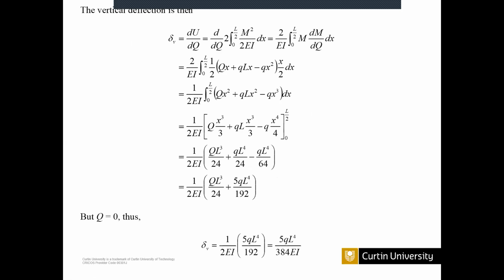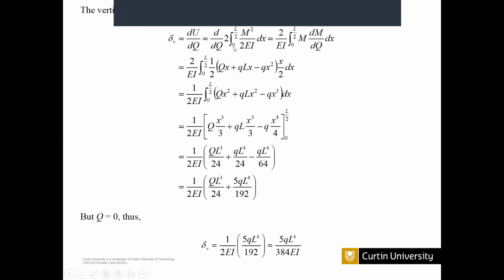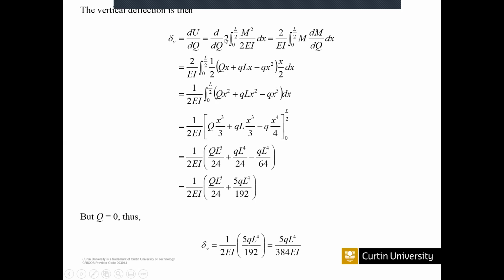Now use the equation. Here you can see we multiply by 2 because we consider only half of the sections. If you consider the whole section, you don't need to use 2 here. You can see the limit 0 to L upon 2, that means half of the beam, because this is a symmetric beam.